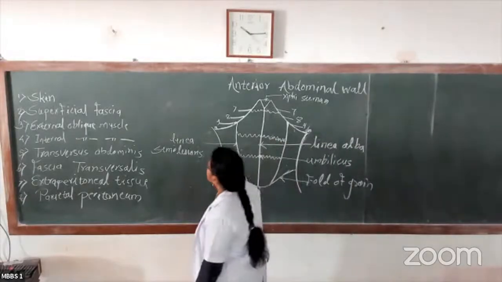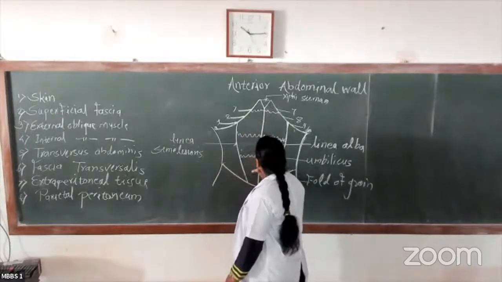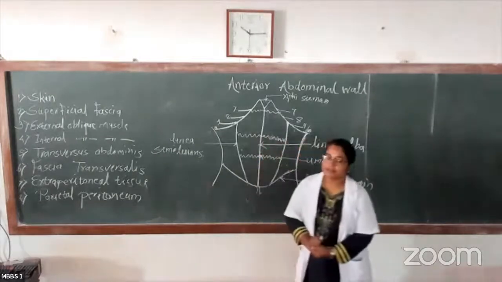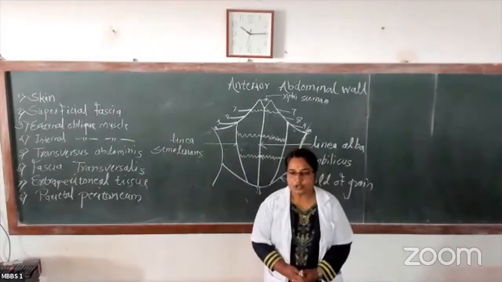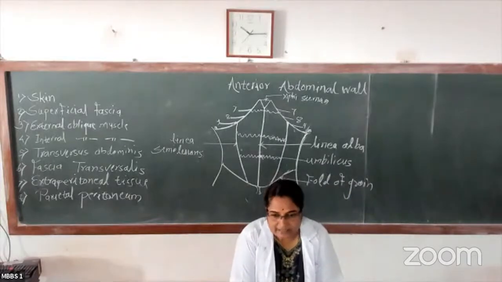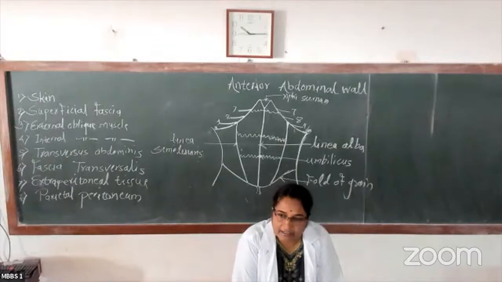So the skin, again, in the lower part of the anterior abdominal wall, there is a presence of irregularly branched white lines, which are present in the multiparous woman, and these white lines are called striae gravidarum.